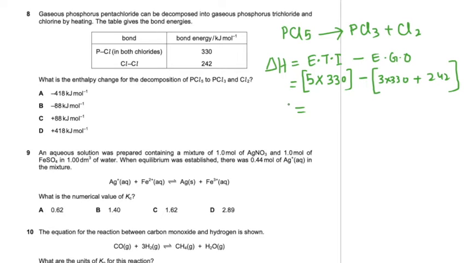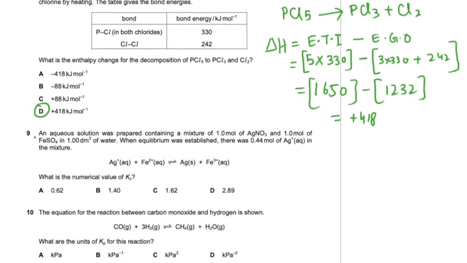If you do the calculation, 330 times 5 is 1650, minus (330 times 3 plus 242), which is 1232. Using the calculator, you will get the answer +418. So basically this is an endothermic process, because all decomposition reactions are endothermic. Your answer is D.